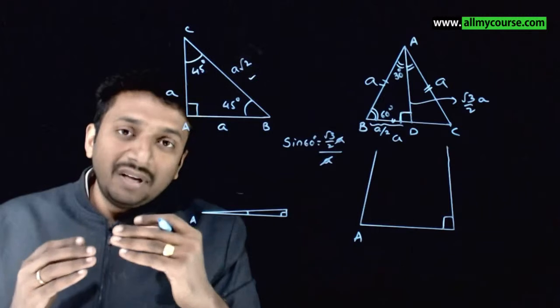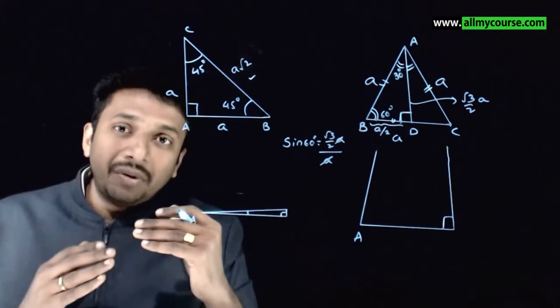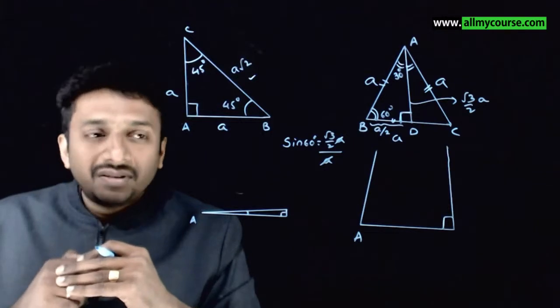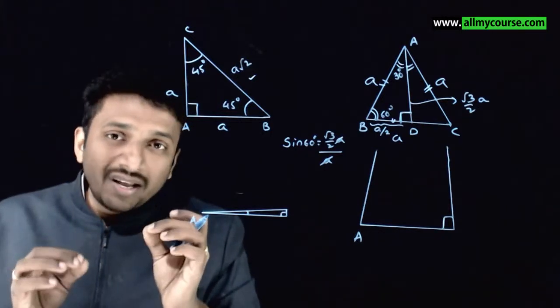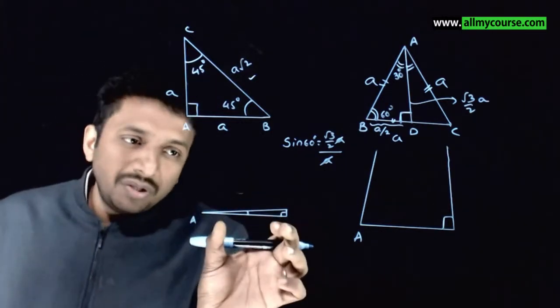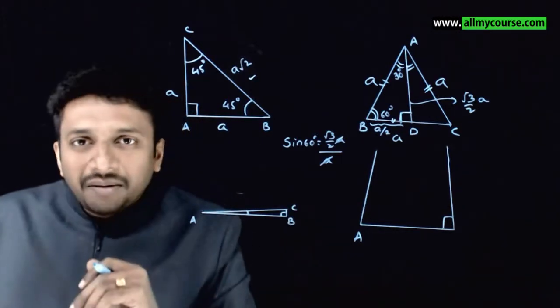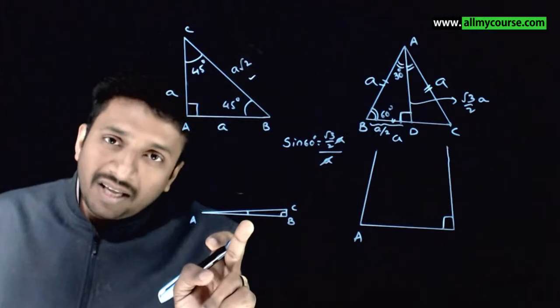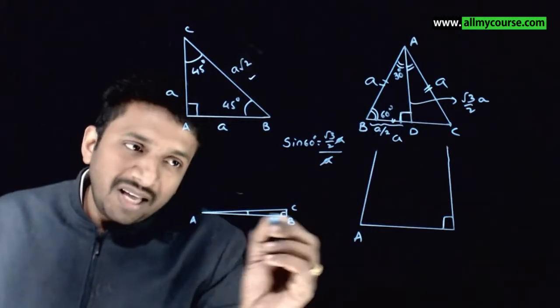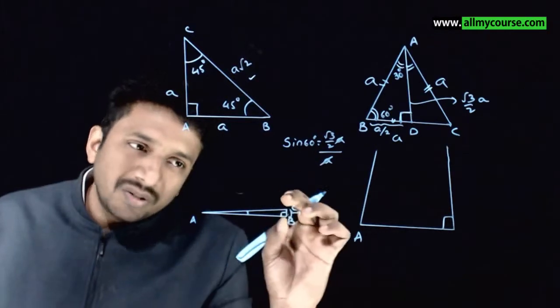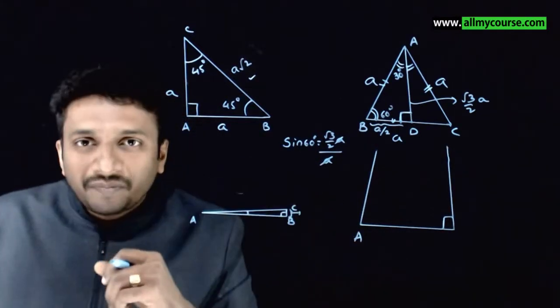Next, if you want sine of 0 and sine of 90 degrees, those are limiting conditions, the conditions where you won't get a triangle. Suppose you take a right angle triangle ABC and go on reducing this angle A. In the limiting case, as you go on reducing this angle A, can you see that this BC goes smaller and smaller?